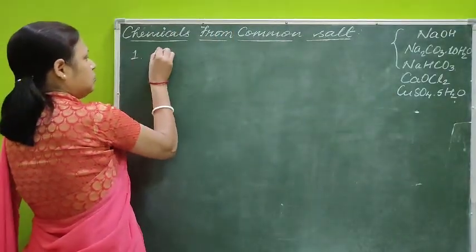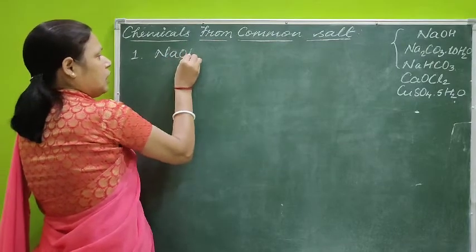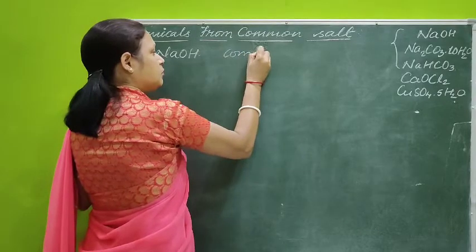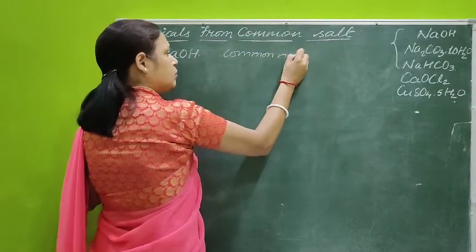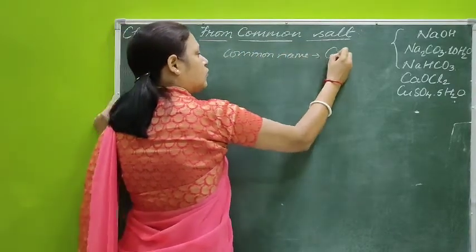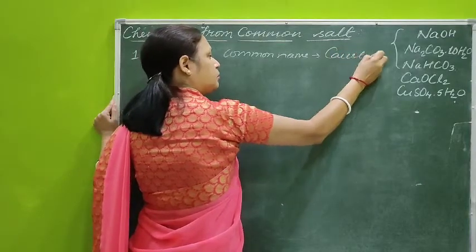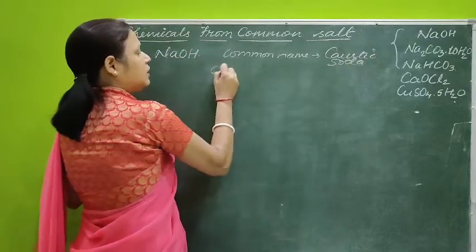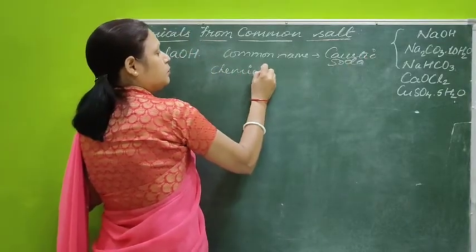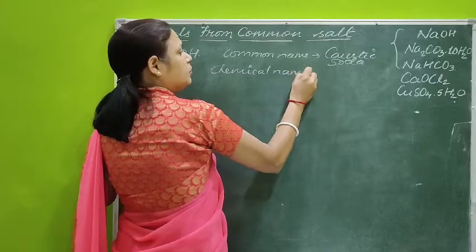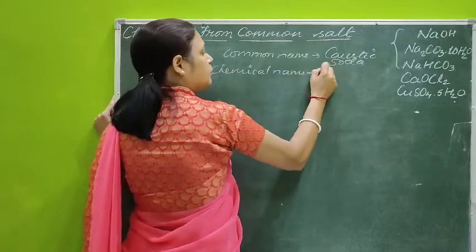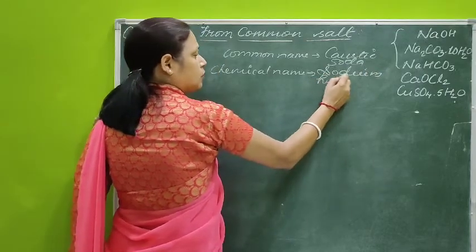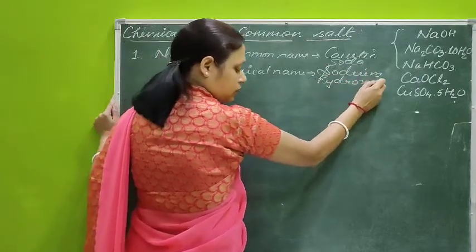The first one is sodium hydroxide. Its common name is caustic soda, and its chemical name is sodium hydroxide.